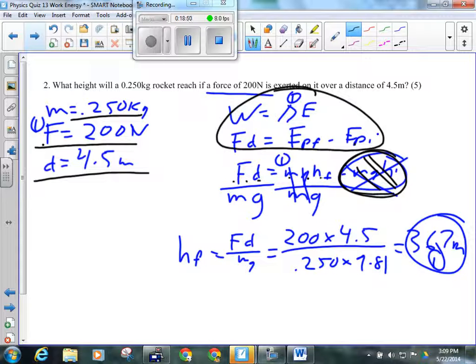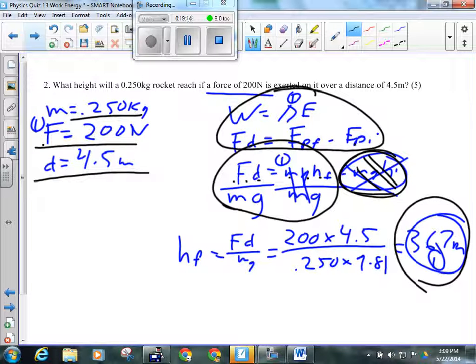So, if I want to get the final height, we divide both sides by m times g. Everybody with me? Okay. So we plug in our numbers. So give them a mark. 200 times 4.5 divided by 0.25 times 9.81. 57 meters.